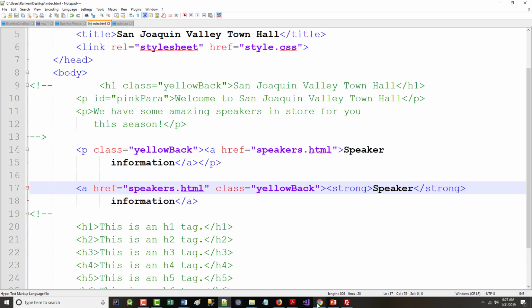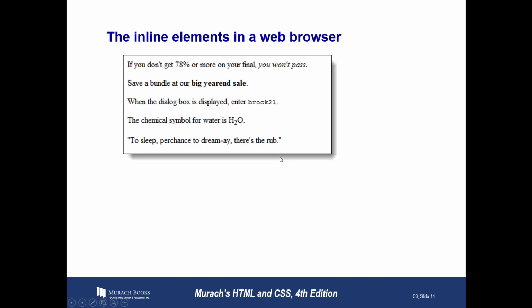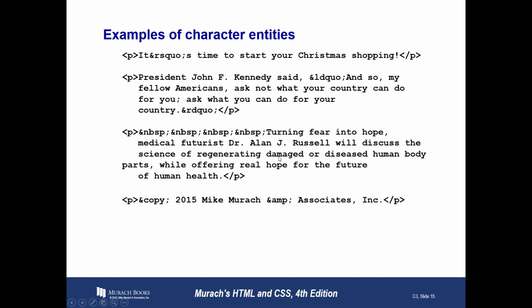Now watch when I run this, watch how the word speaker should now be bolded. See that? See how it's darker there than it is here? That's another inline tag. All right? These are all things that will become more and more natural to you as we go on.